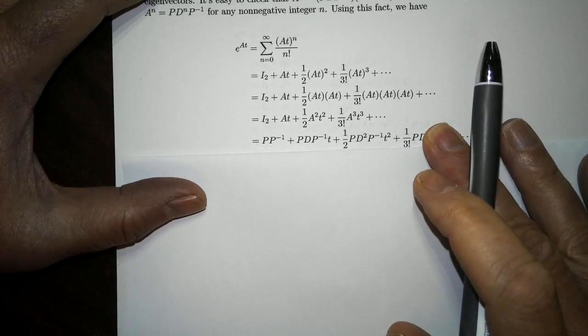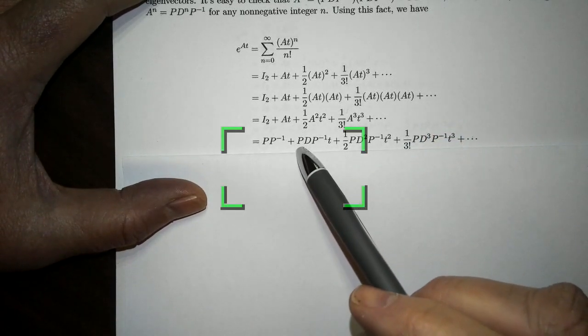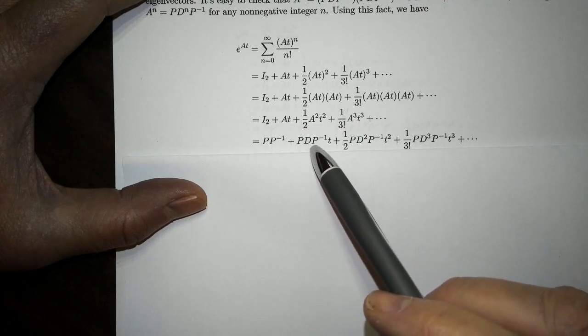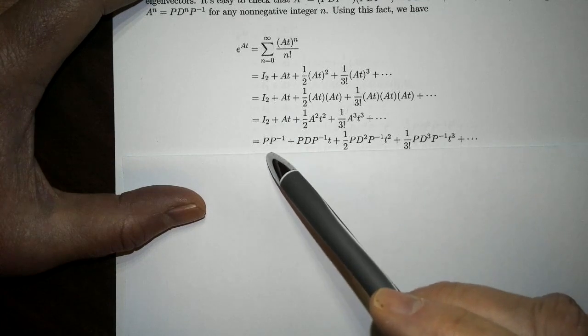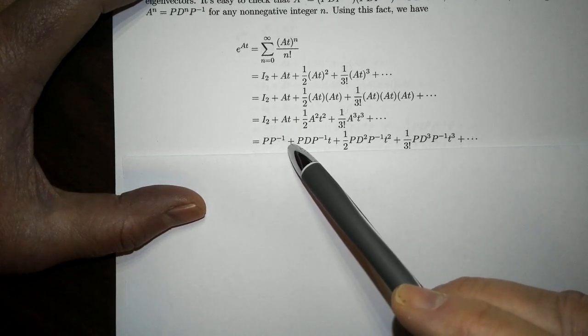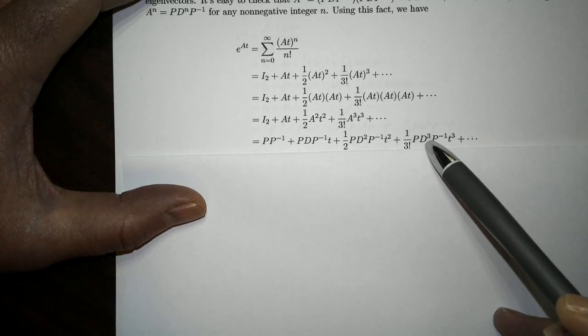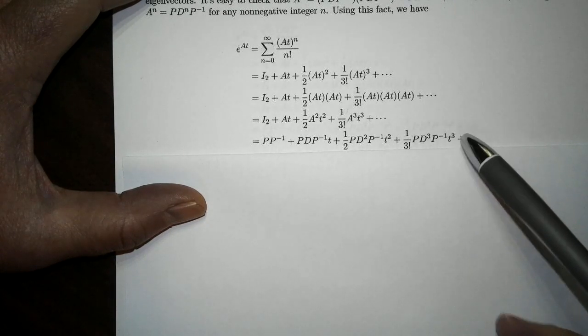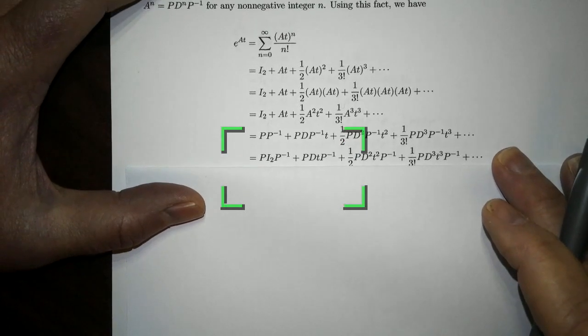Now what we're going to do is replace A. Everywhere we see an A, we're going to replace it with the diagonalization PDP inverse. And we're going to replace the identity with PDP inverse as well. So you'll see now, A to the third, for example, is P, D to the third, P inverse, and so forth. Again, scalars and matrices commute.